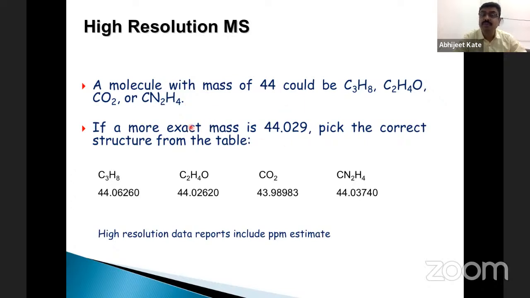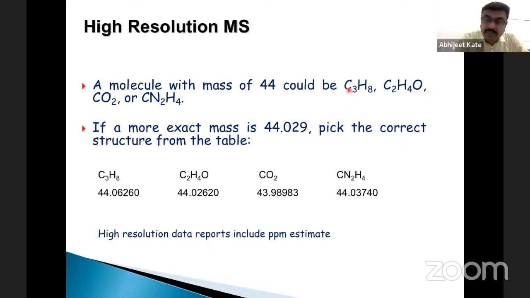However, if you know the exact mass, and that is what we get through high resolution mass spectrometry, that is also referred to as accurate mass. And that can be up to 3 decimal places, 5 decimal places, based on your instrument resolution. In this case, let's take an example where we have got 44.029.